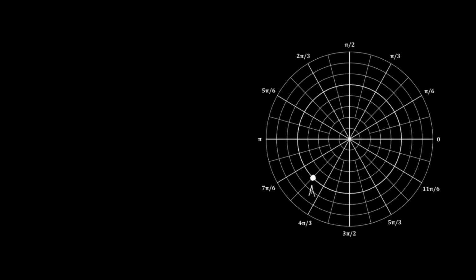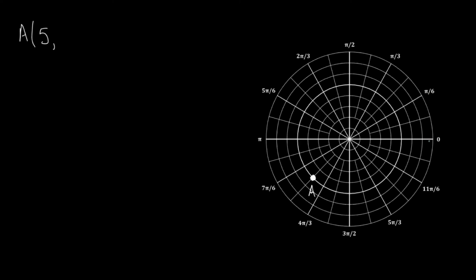And point A, if we look at the coordinates there, has a radius of 1, 2, 3, 4, 5. So 5 units. Each of these would be pi over 12 because it's half of pi over 6.